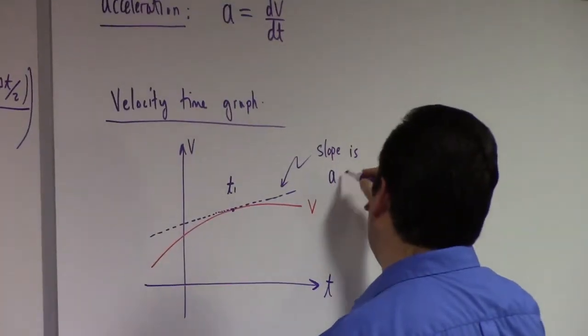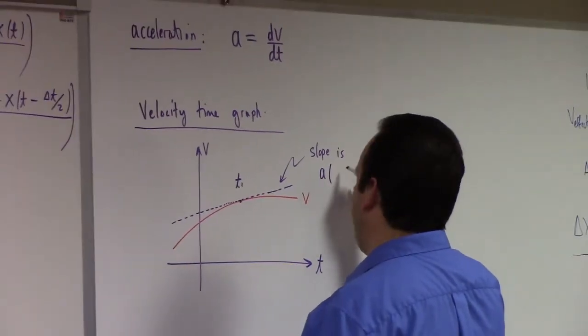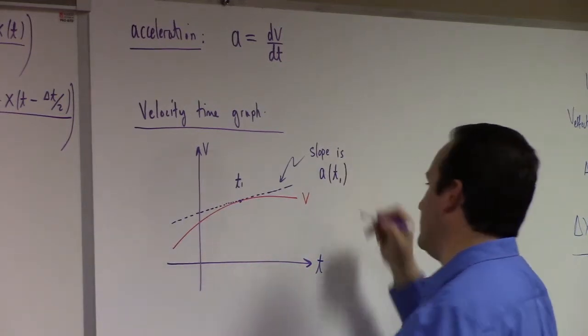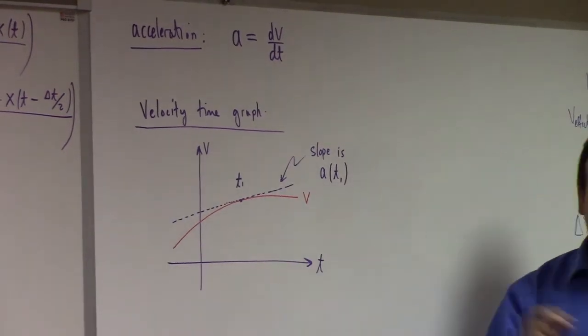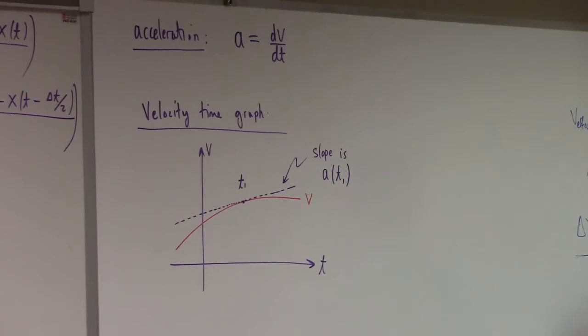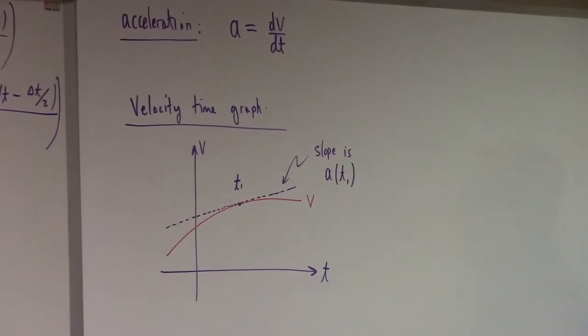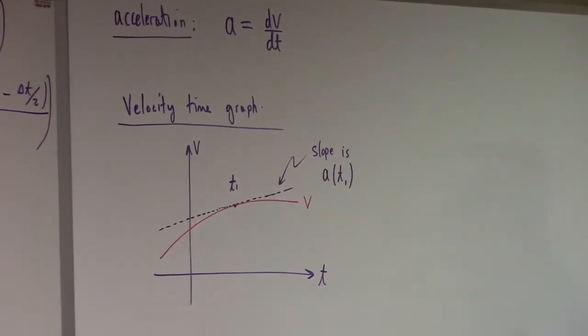The acceleration at time what? At t1, right? Now this velocity graph is an example of a non-constant acceleration, right? The acceleration is changing. You go to different points on this graph, the velocity function has different slopes, right? So this would be a non-constant acceleration.